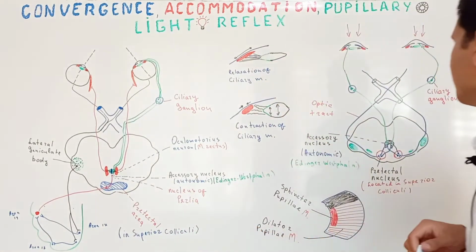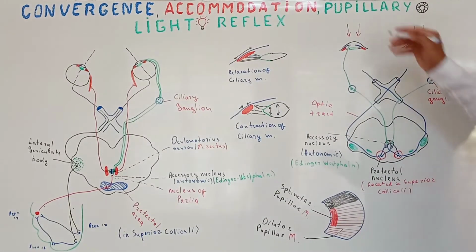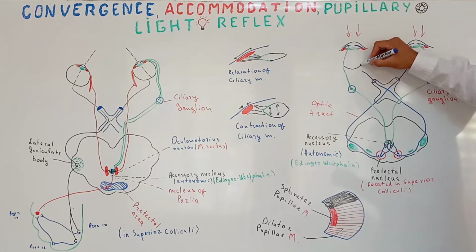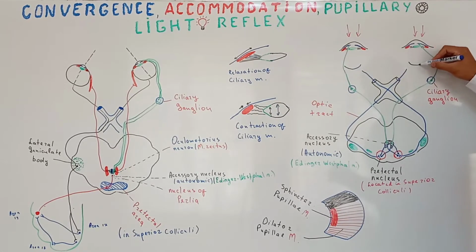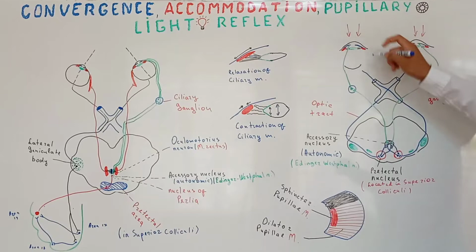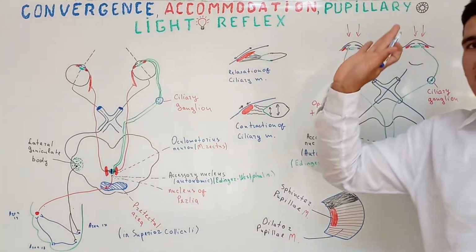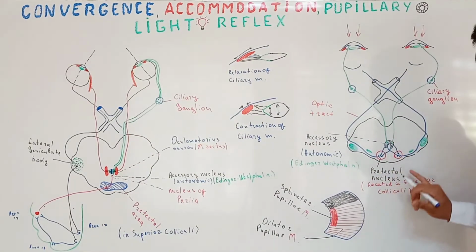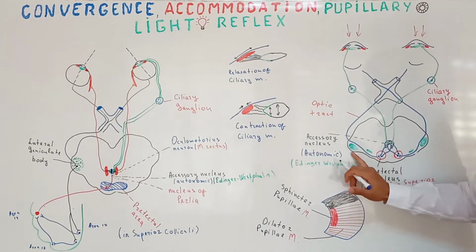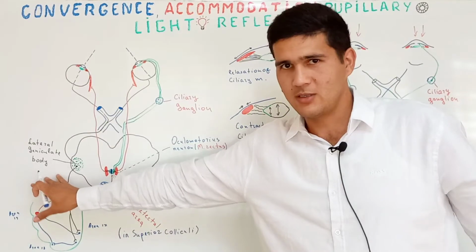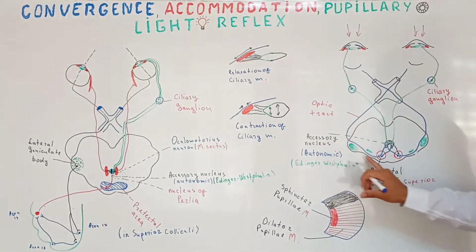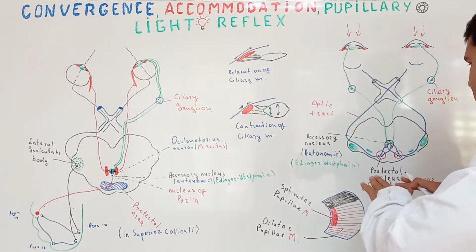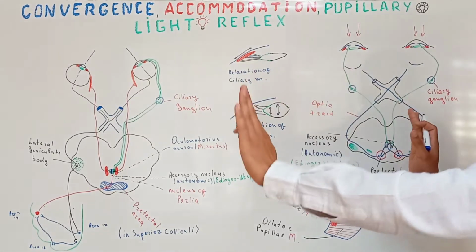Look at that. When the light is directed to the eye, the retina accepts the impulses from outside, and the retina provides the light information to the pretectal nucleus, not to the lateral geniculate body. Don't forget that. Directly to the pretectal nucleus. After reaching there, the impulses are divided into two sides.